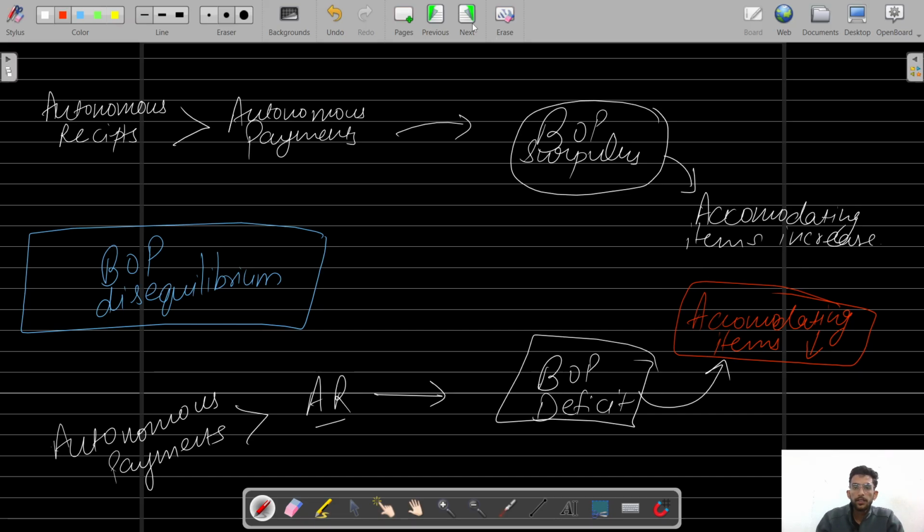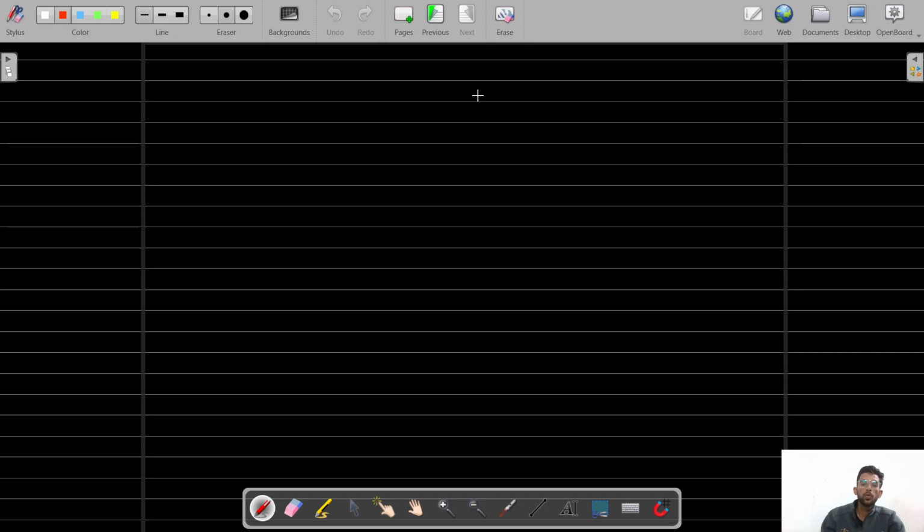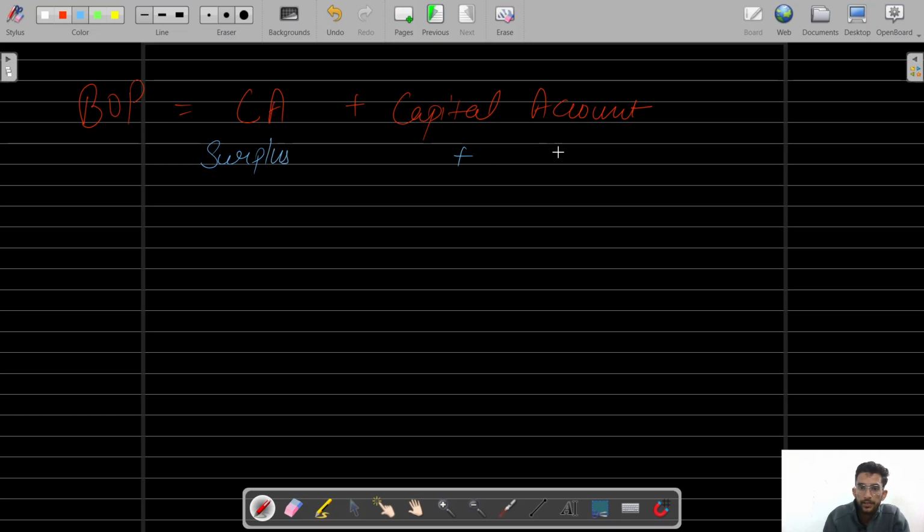Then overall balance of payment equilibrium is decided from the current account balance and capital account balance. When there is surplus in the current account and surplus in the capital account, there is balance of payment surplus.